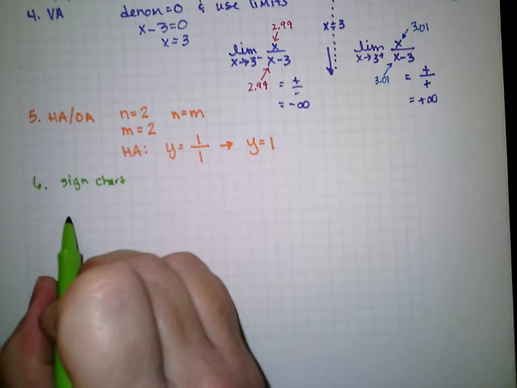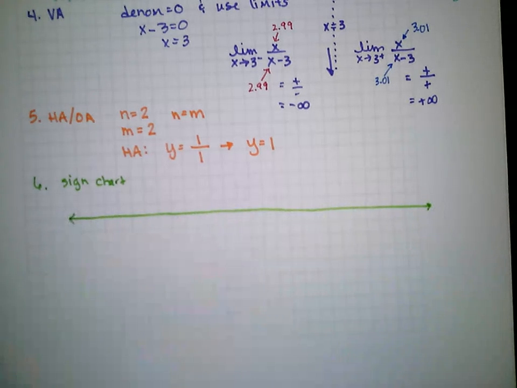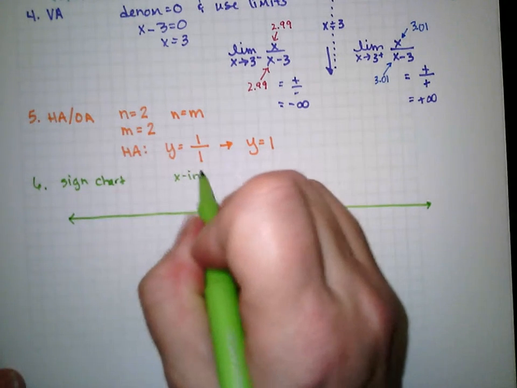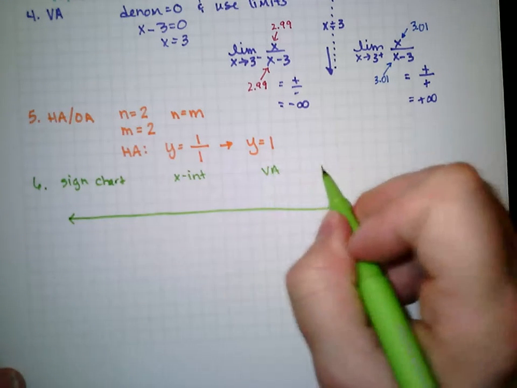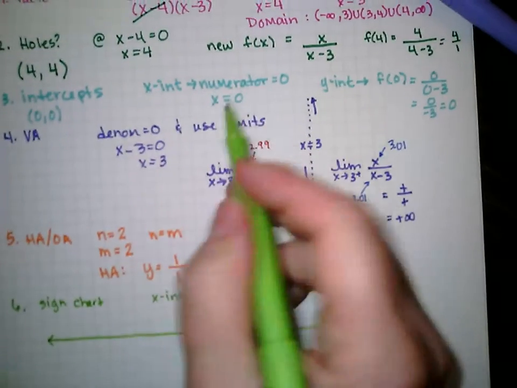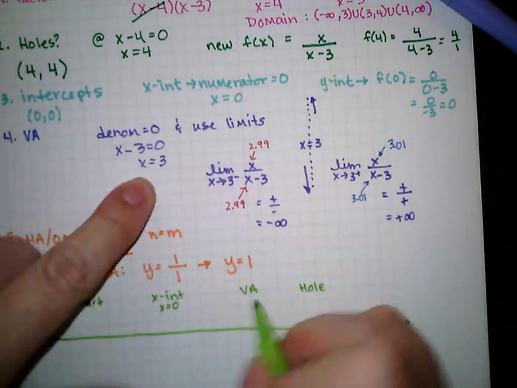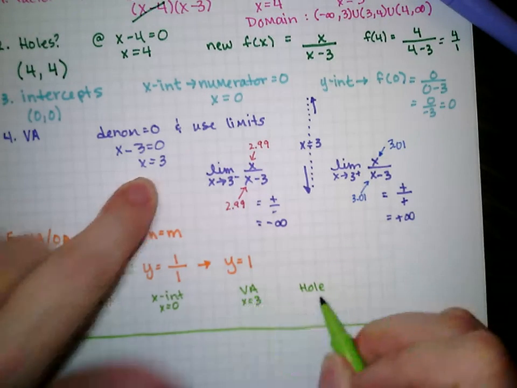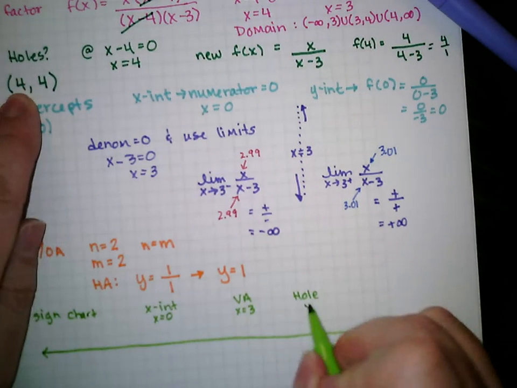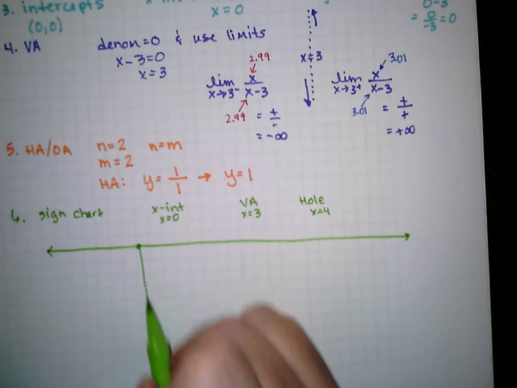So we've got the x-intercepts, vertical asymptotes, and holes. Our x-intercept was at 0, 0, so x equals 0. Vertical asymptote, x equals 3. And we had a hole at x equals 4.